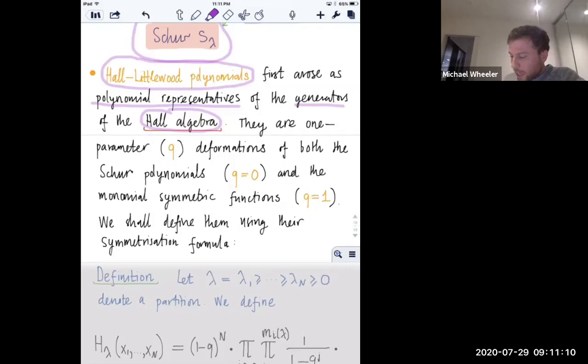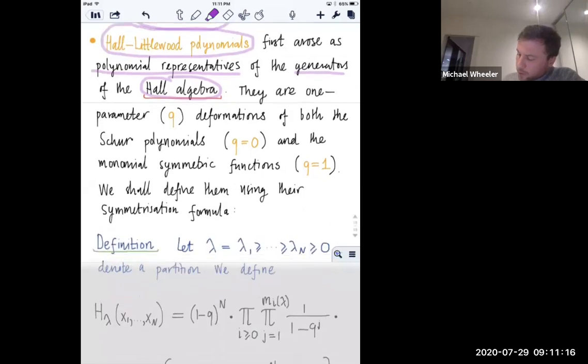But we're going to be looking at them in a very explicit way. For us, these are going to be one-parameter deformations of the Schur polynomials and also the monomial symmetric functions. In the case q equals 0, you get the Schur polynomials, and for q equals 1, we get monomials.